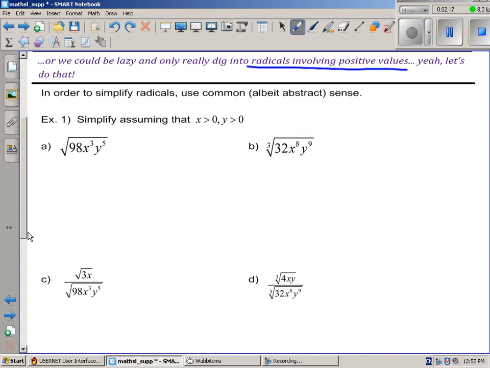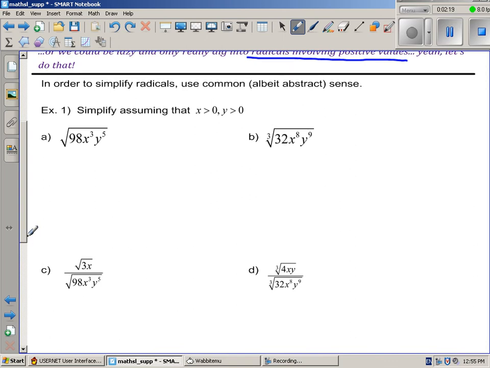In order to simplify radicals, we need to use what I'd say is common sense, but it's also pretty abstract at the same time. So we're going to simplify assuming that x is greater than 0 and y is greater than 0. So assuming that no problems are going to crop up with positivity and negativity and needing absolute value signs. What I want you to do when you have a problem like this is split it into two parts: parts that have perfect square roots and parts that don't.